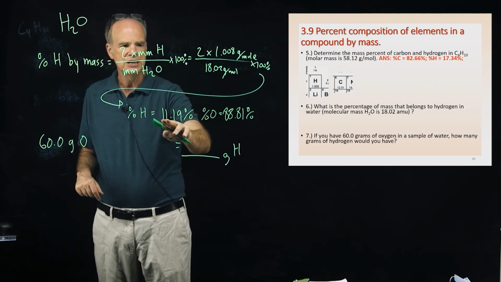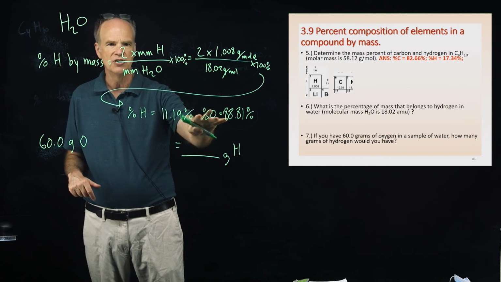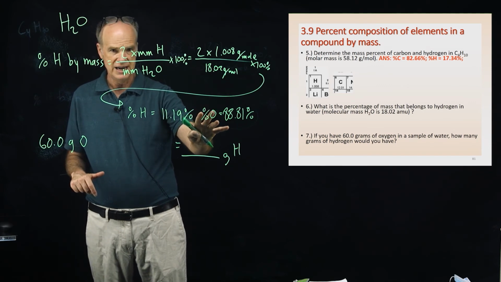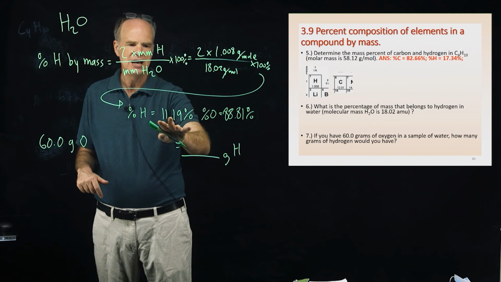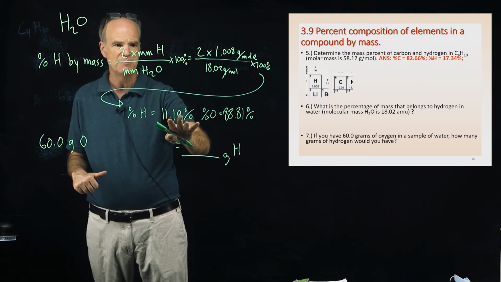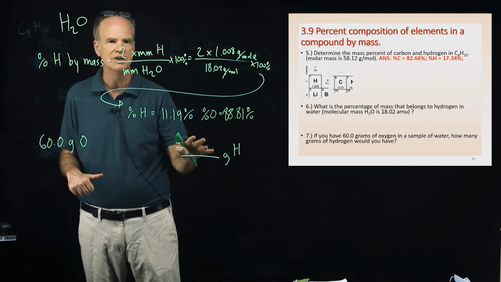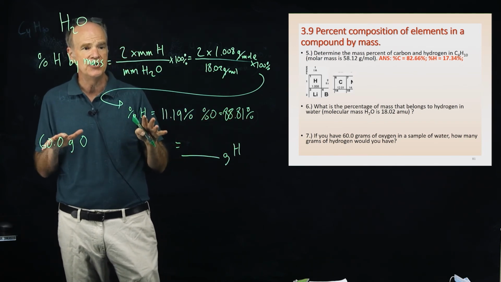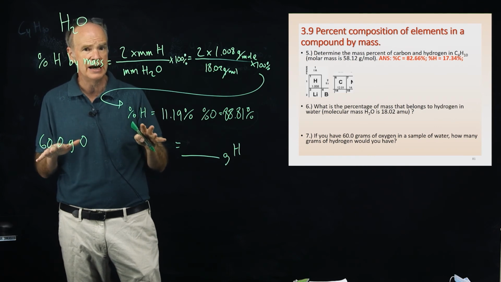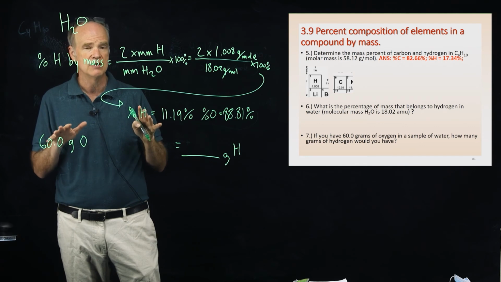So when you're looking at these percentages, realize that these numbers also equate with grams. So if you have water, which is 11.19% by mass hydrogen and 88.81% by mass oxygen, what that means is if you have 11.19 grams of hydrogen, you have 88.81 grams of oxygen.